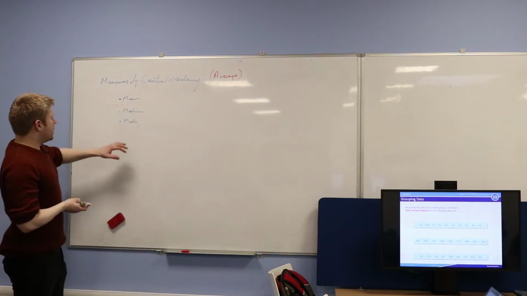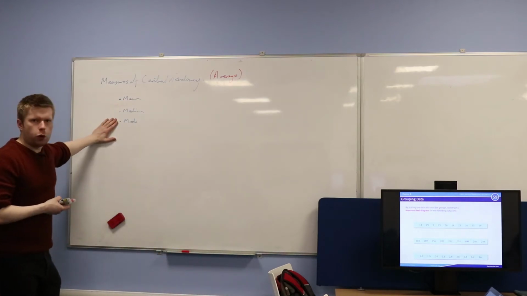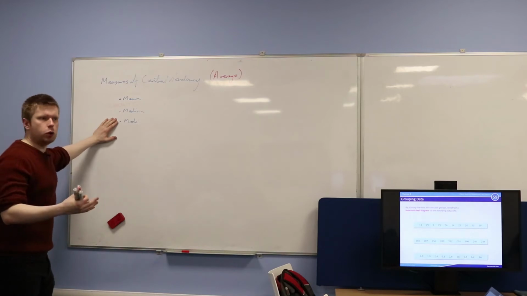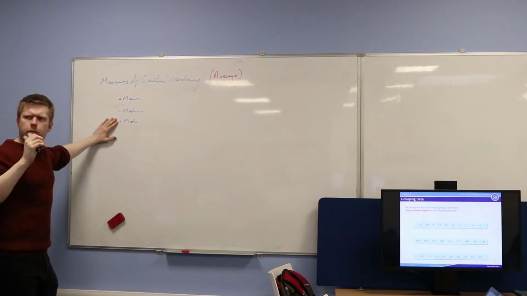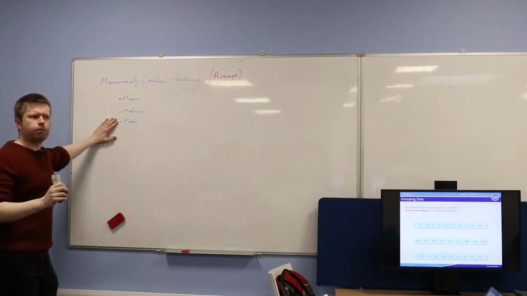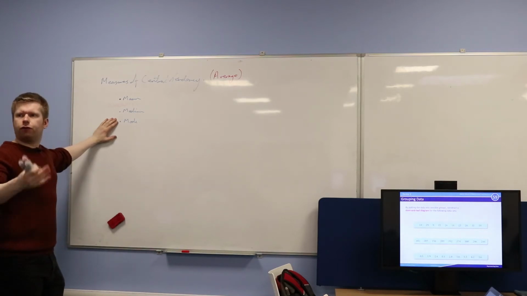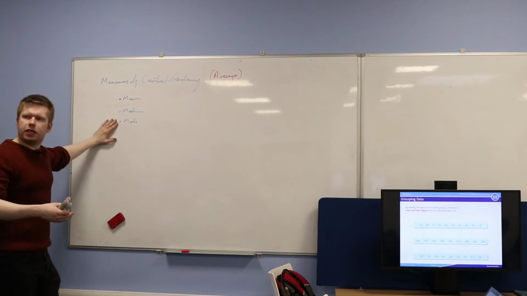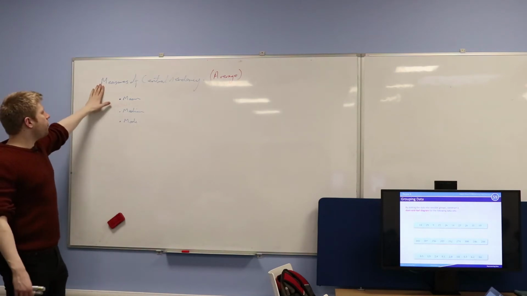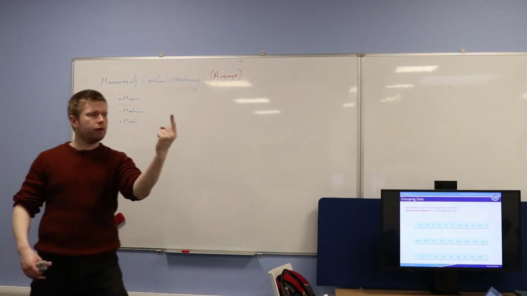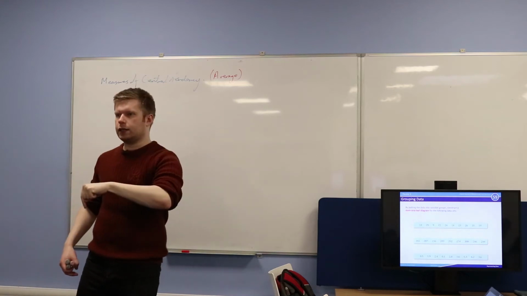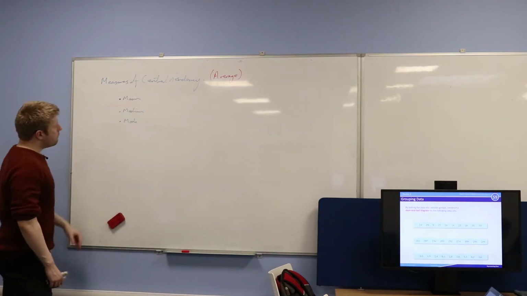So just remind me, when does the mode start to break down? When would a mode not be a good measure of central tendency in general? Yeah, if we start having more than one, so like 3 or 4 or 5, suddenly this becomes quite a poor measure. The idea of a measure of central tendency is you're looking for one number that best represents that data set.